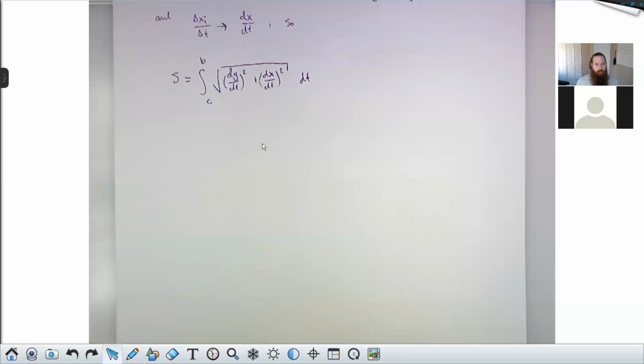It's a square root of change in y squared plus change in x squared. That's very intuitively a little length to me. In other words, this looks just like the regular distance formula. You're just integrating a bunch of micro distances, really teeny distances, and that'll give you the total distance. This makes great intuitive sense.